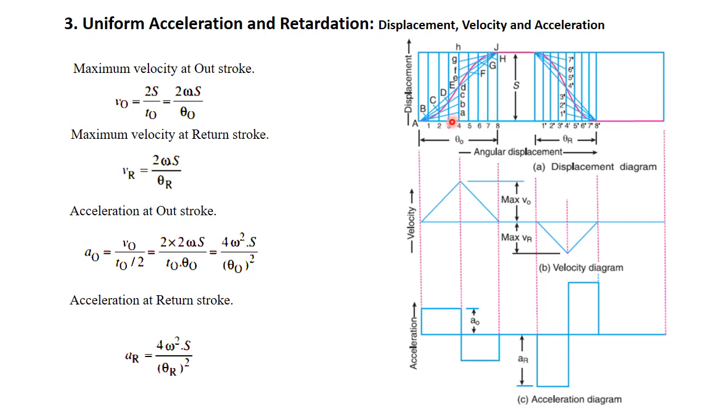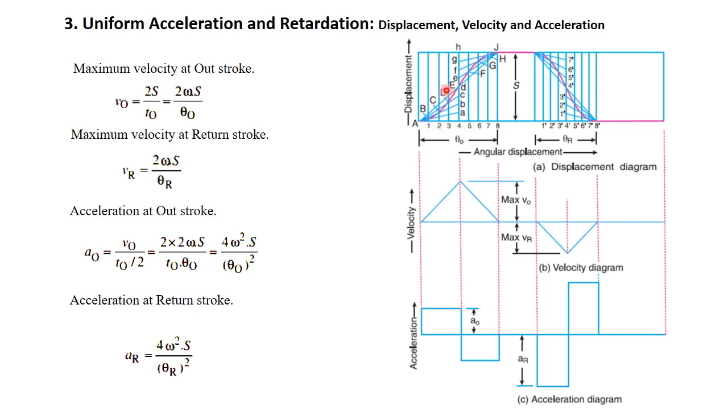Now if I want to draw the displacement diagram, what we should do is divide the outstroke into any even number of divisions. We can take 6, we can take 8. So let us have 8 divisions. So divide this outstroke into 8 equal divisions and take vertical lines from all these divisions drawn on the theta line.